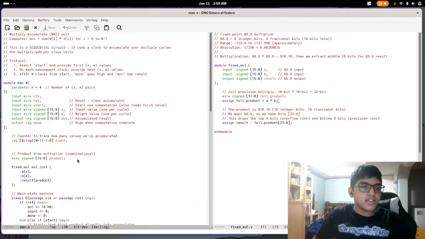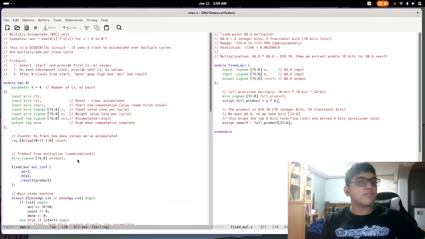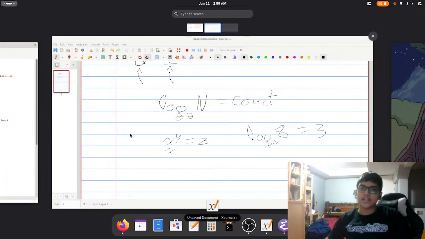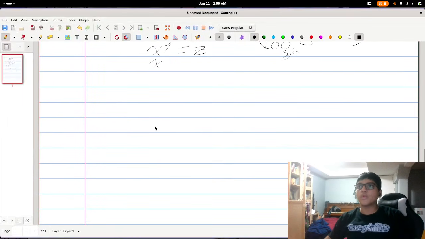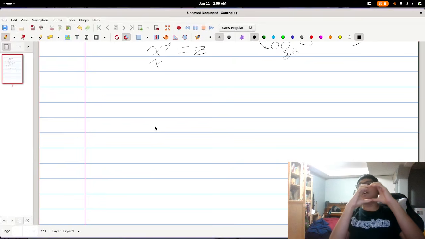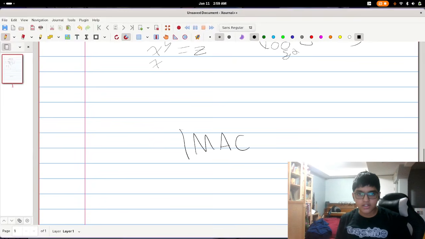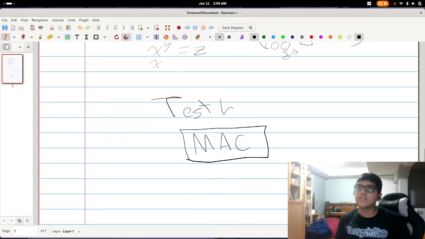So then this is the main state machine. The way this works, when we're actually running this, this is a single module. We have our multiply accumulate units, and then around that we have the test bench.